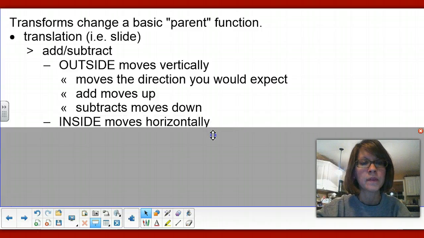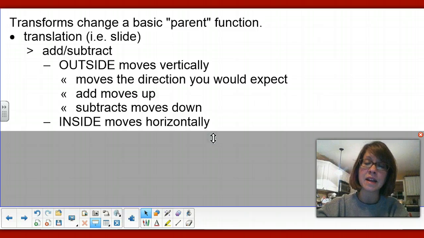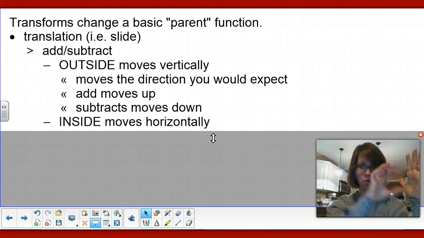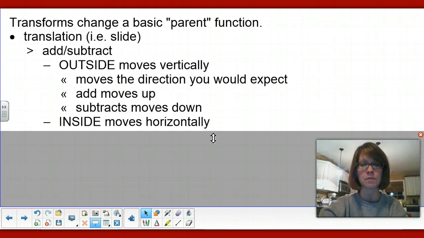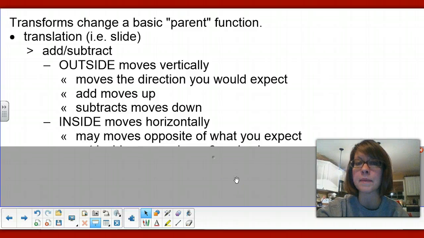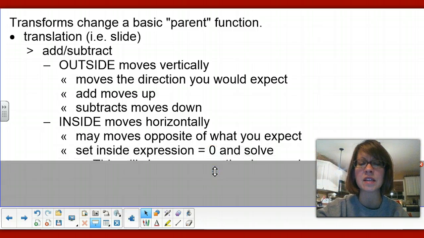Okay. If you go inside, and inside the absolute value, it says x minus 3 inside the absolute value. That actually probably moves the opposite of the way you would expect. Okay? What you do to figure out exactly where and how far it moves is you set the inside expression.